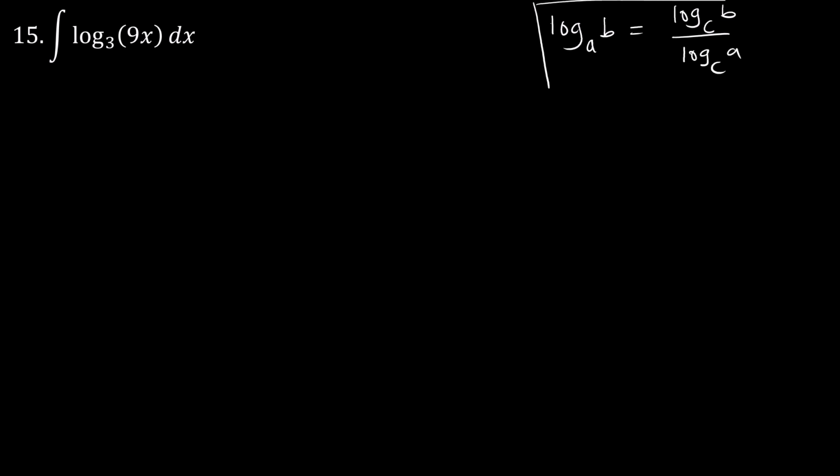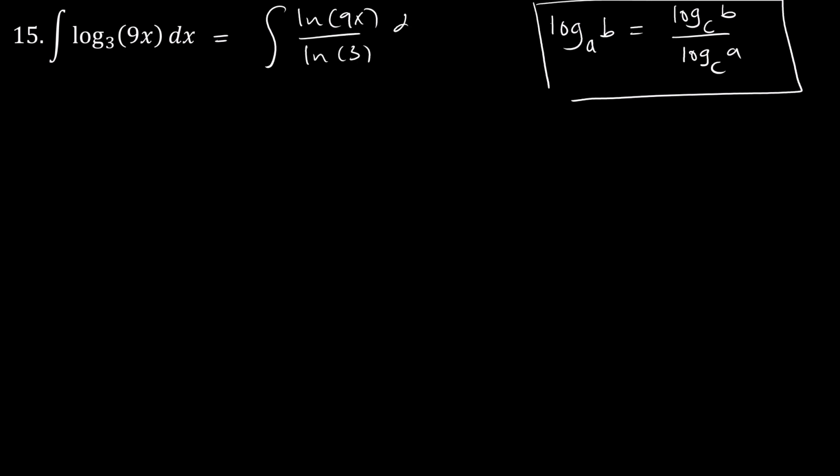So this is a well-known relationship. And here we would like to re-express this in terms of the natural logarithm. So we have the natural logarithm of 9x over the natural logarithm of 3.